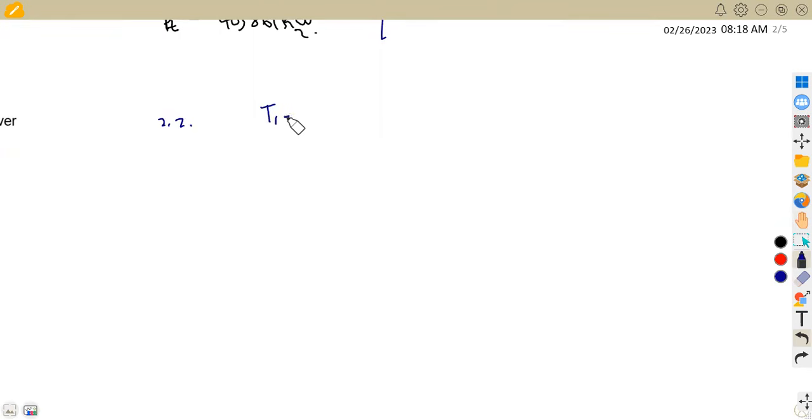So remember, we want to calculate T1. Also, we want to calculate T2. But so far, we have a formula for the ratio for these tensions, T1 over T2, that's e to the exponent of mu theta, where mu is your coefficient of friction and theta is the angle of contact. In this case, we do not have any, so we can just have a ratio between T1 and T2, by substituting into this information.